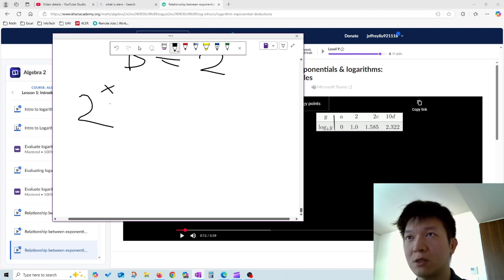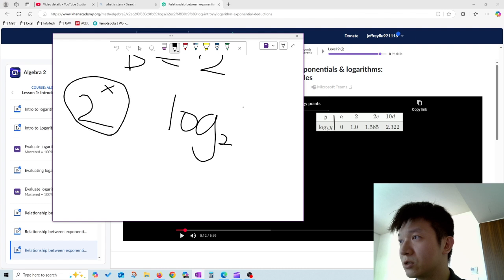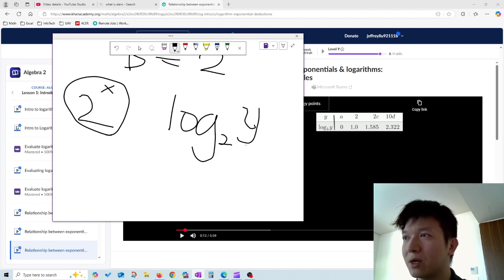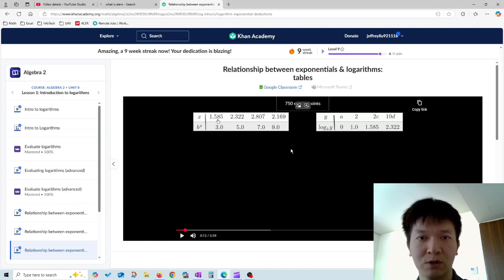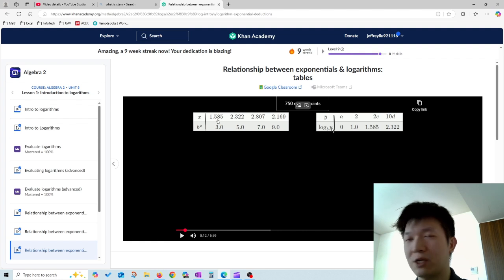One kind is exponential and the other one is logarithm with a base of 2, right? Here we have a y, but you know this is the x for the logarithm, right? It was the y for the exponent, but here it got transferred to here. In this scenario, it just refers to different variables. You don't have to look into x and y that much, okay? That's just representing our result.